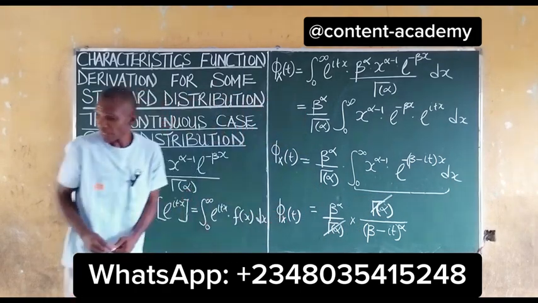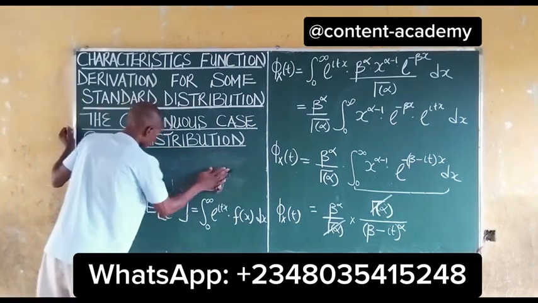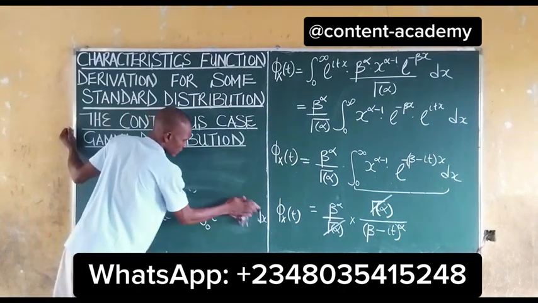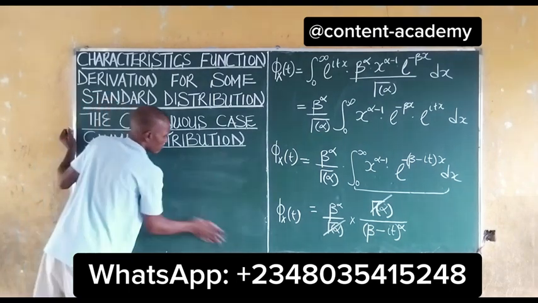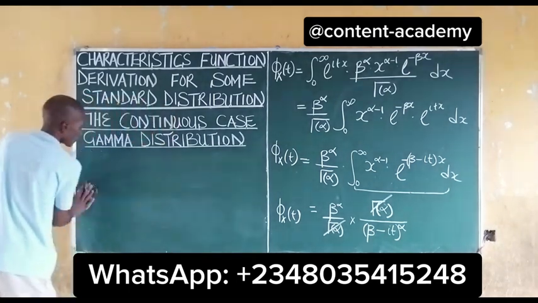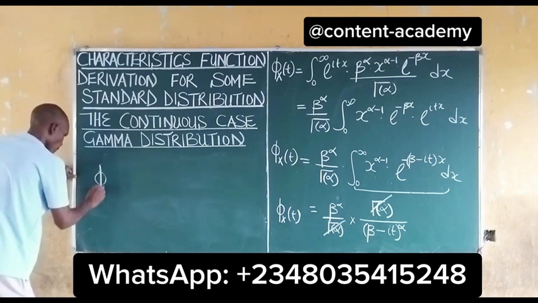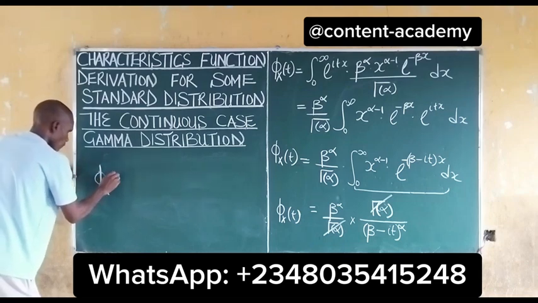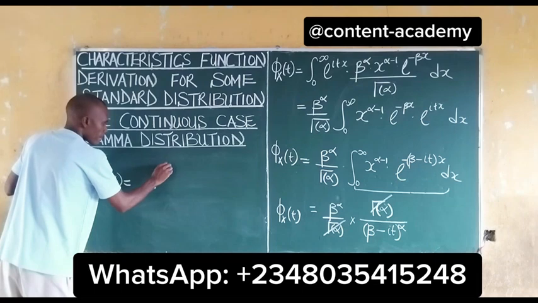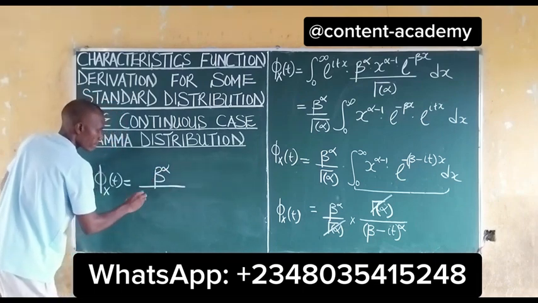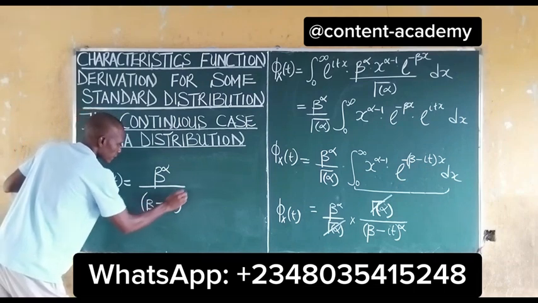So we can now write our characteristic function for the gamma distribution to be beta over beta minus it, all to the power alpha.